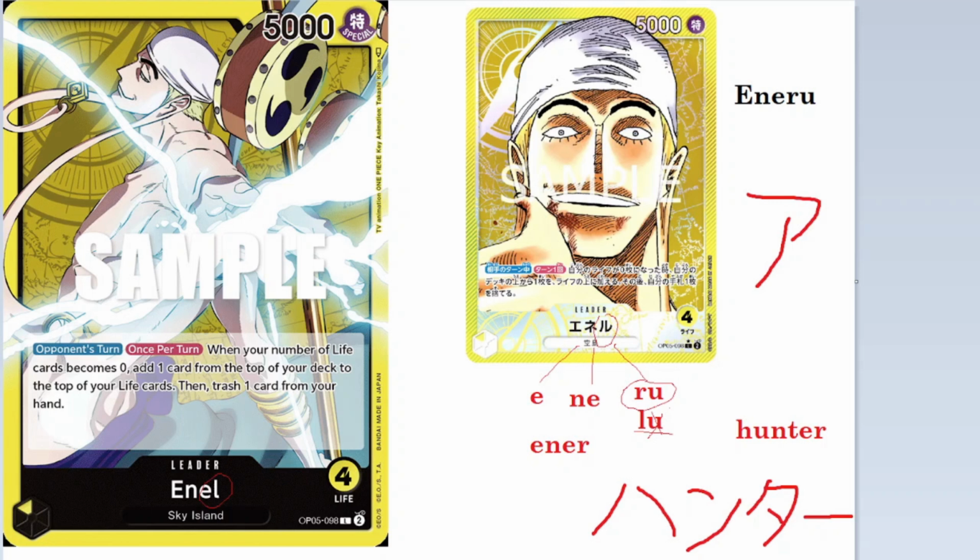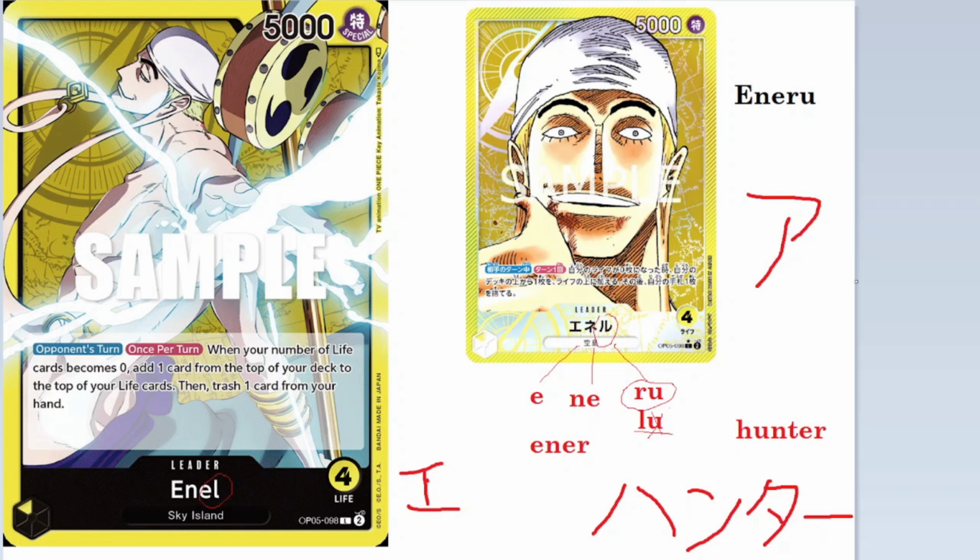And so if Ener's name was Ener, it wouldn't be spelled with these katakana. It would be spelled ne. So the first one would be the same, right? And then instead of ne for the word Ener, you would have na, which I'm totally blanking on the katakana for at the moment.